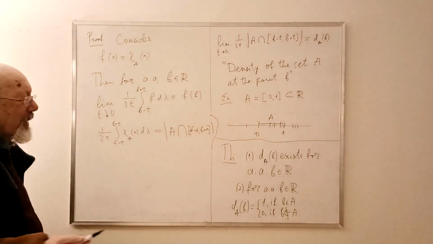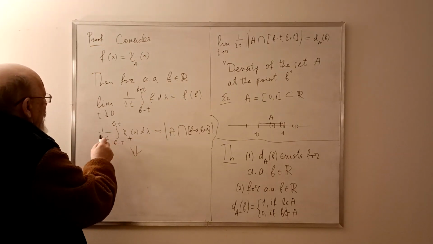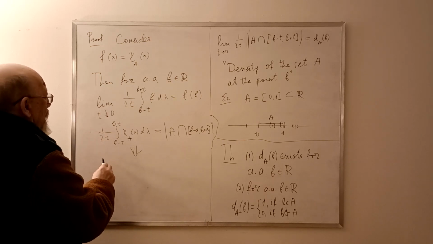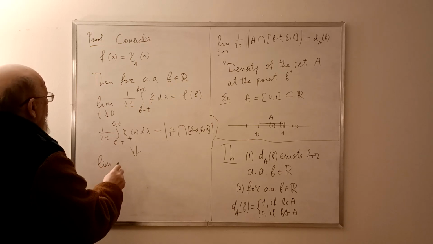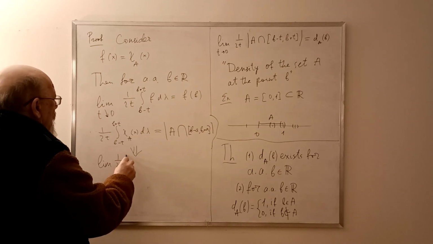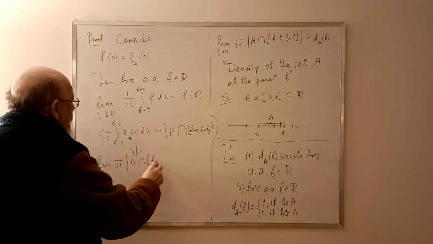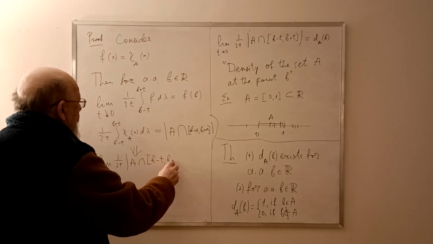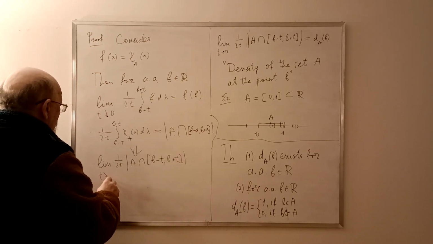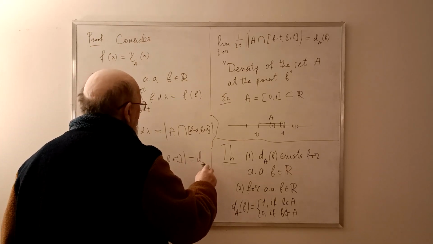So the left hand side equals this limit: 1 over 2t times the measure of A intersection with (b minus t, b plus t), when t goes to 0, which is simply d_A of b.